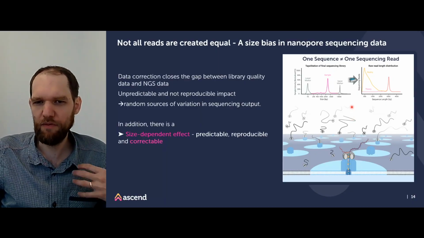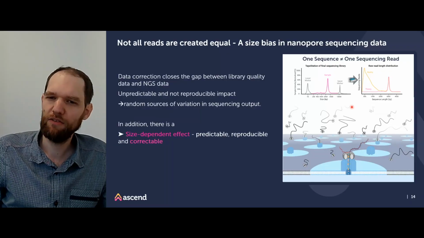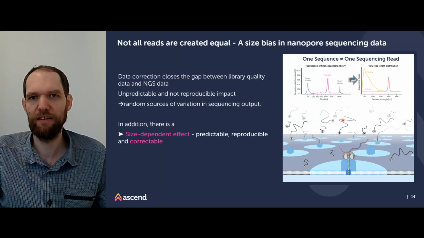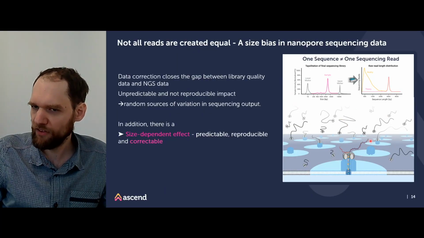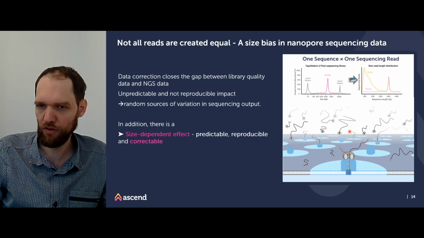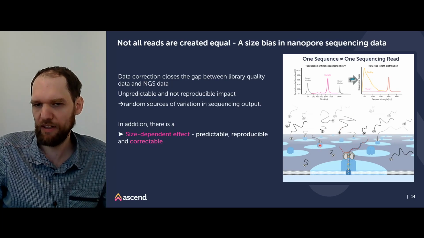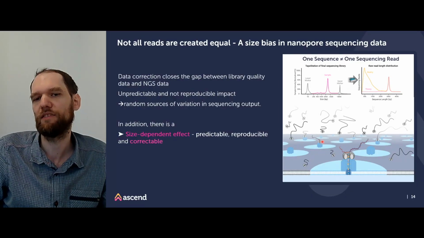And if you think about something like this and you want to solve what is maybe happening, it's always a good idea to really take a step back and think about the method once again. How is this method actually working? So we have a three-dimensional flow cell, and in this flow cell we have shorter or longer DNA pieces with a motor protein that are looking for a pore, and only those that are attached to a pore will get sequenced.